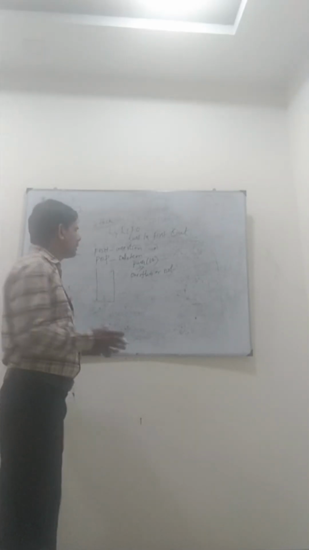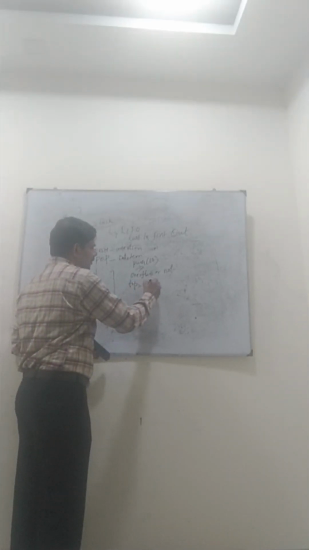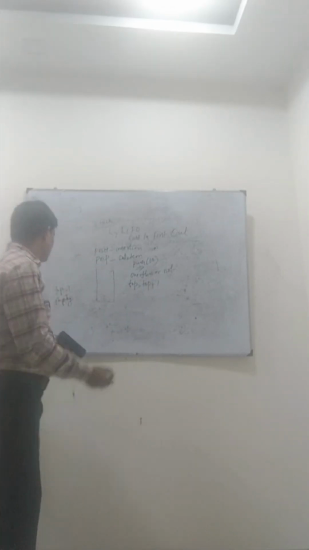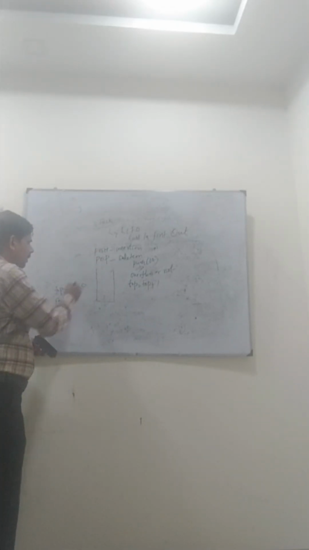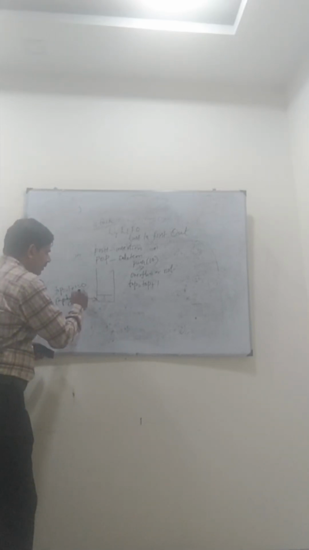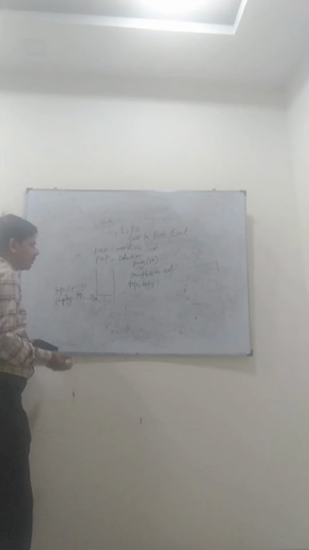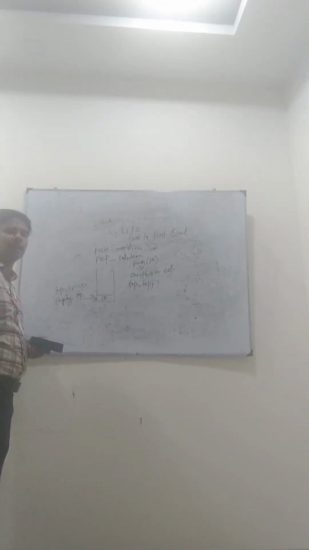If the stack has space, top equal to top plus 1. Already the top is -1, so -1 plus 1 becomes 0. This is the top of the stack, index 0, and the element is inserted.